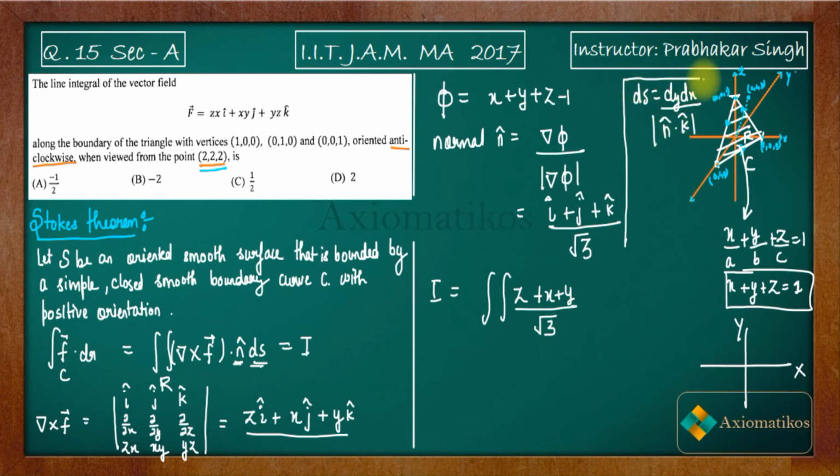So dS is given by this formula if you are taking the projection of this plane on the xy plane. If you want to take the projection on the xy plane, you have to put z equal to 0. So if you put z equal to 0, this thing will be 0, so you will get x plus y is equal to 1.